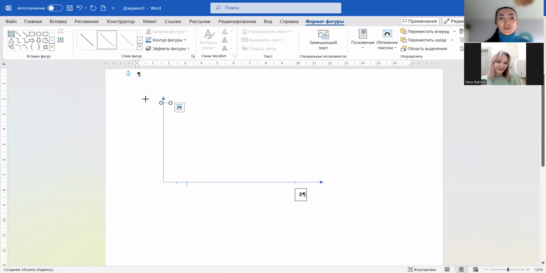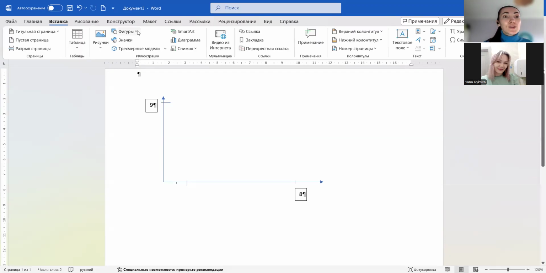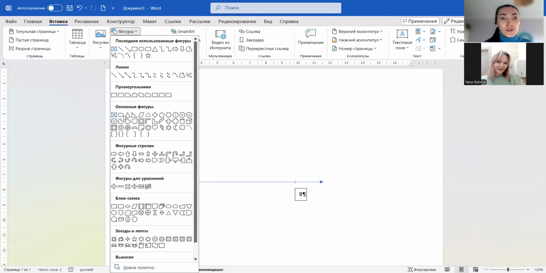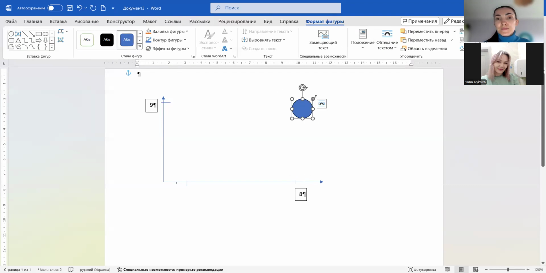And also write that it is 9,000 kilometers. And we have some points. We draw some features, for example, circles. 8 by X and 9 by Y near here.